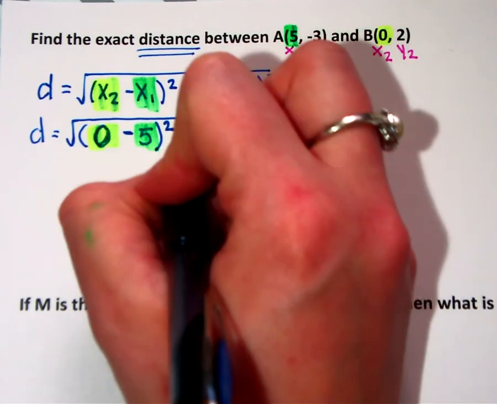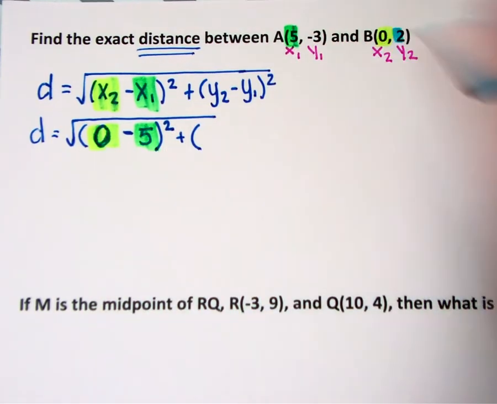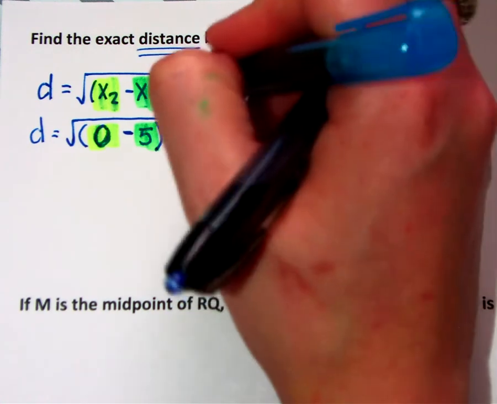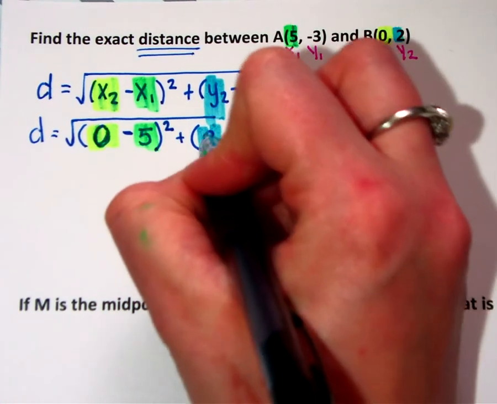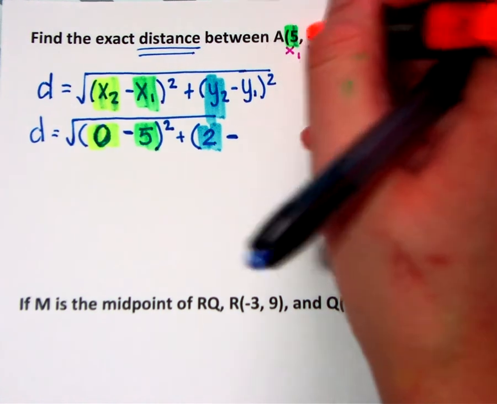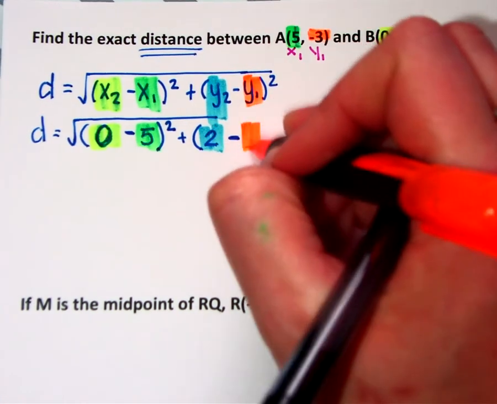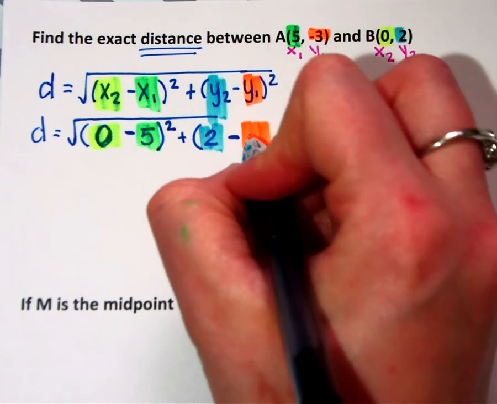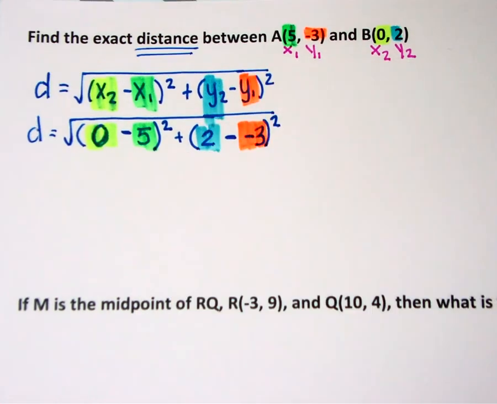I'm going to include the plus, and now let's move on with the y's. Y sub 2 is 2, so I replace y sub 2 with 2. Minus, y sub 1 is -3, so I replace y sub 1 with -3. Extend my little square root out.